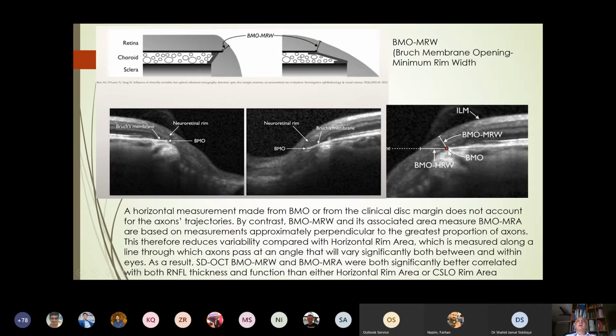That is, if you draw the shortest line from the Bruch's membrane opening to the internal limiting membrane, that is the minimum rim width. They say at the minimum rim width, all the axons will pass through. That is the reason it is very important. So if you measure that, that is your actual minimum rim width, which is important when you're measuring this.